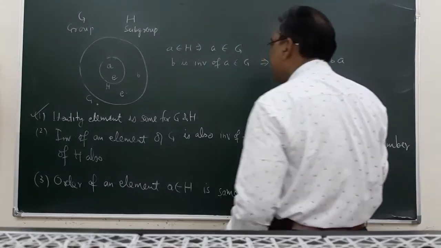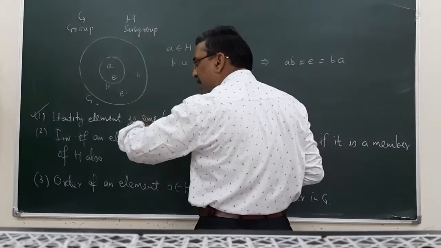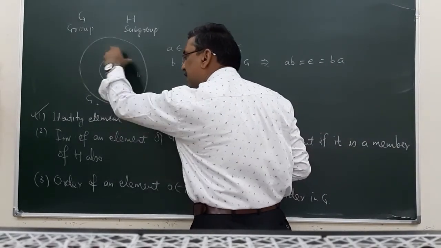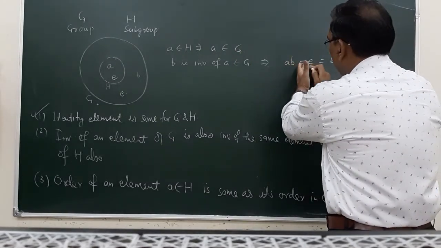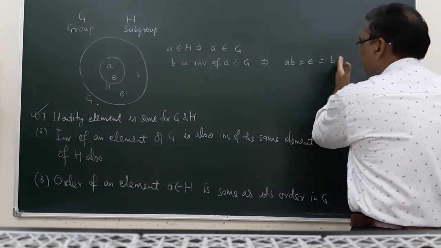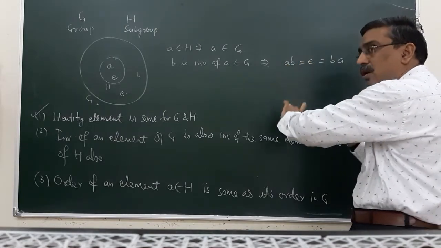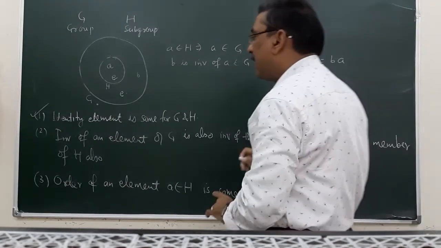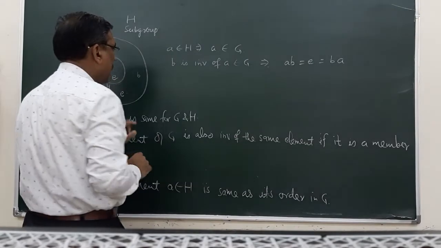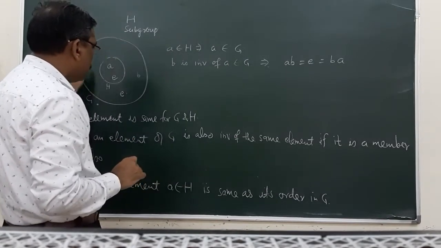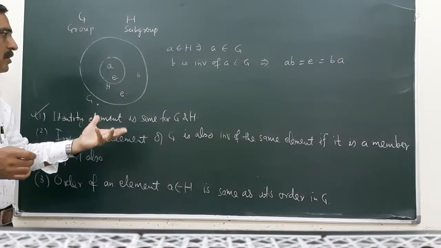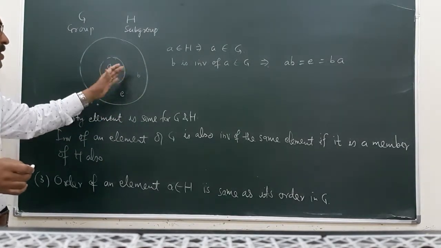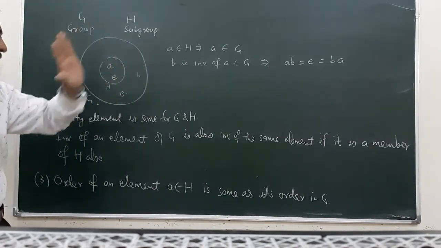Since we have proved earlier that the identity is the same, so E is the identity, therefore AB is equal to E is equal to BA. B is the inverse of A when A belongs to G, and G is a group, therefore it holds the inverse also. If the inverse of every element exists, so AB is equal to identity.